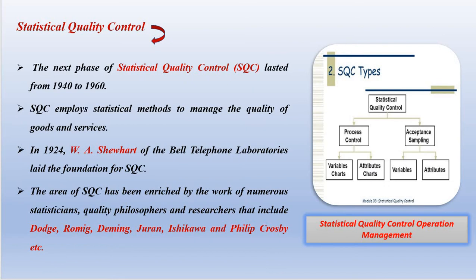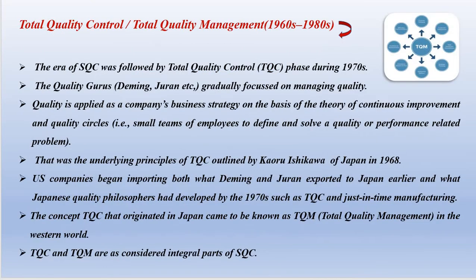In 1924, Dr. W.S. Shewhart of the Bell Telephone Laboratories laid the foundation for SQC by introducing the famous statistical quality control charts. The area of SQC has been enriched by the work of numerous statisticians, quality philosophers, and researchers that include Dodge and Romig, Deming, Juran, Ishikawa, Philip Crosby, and so on.